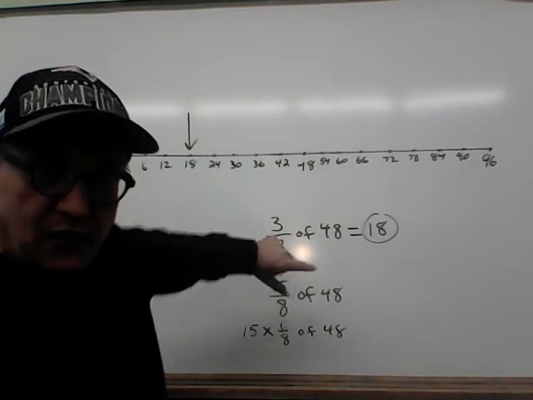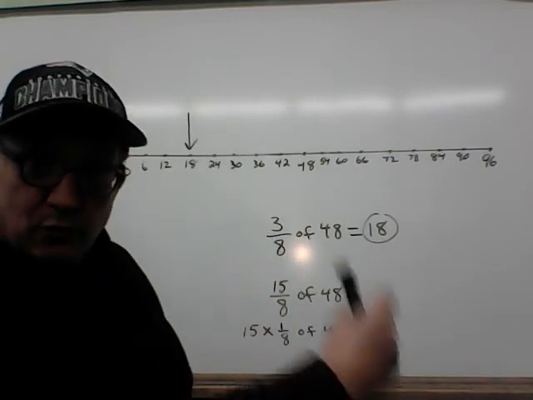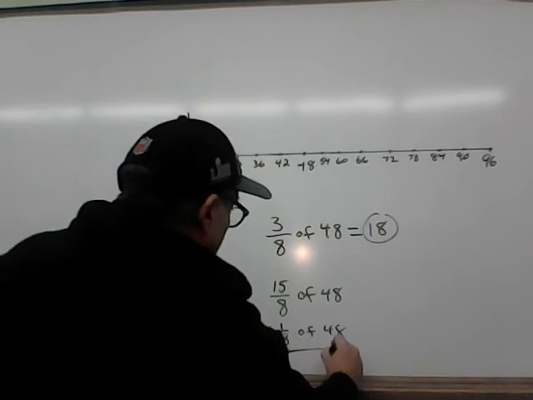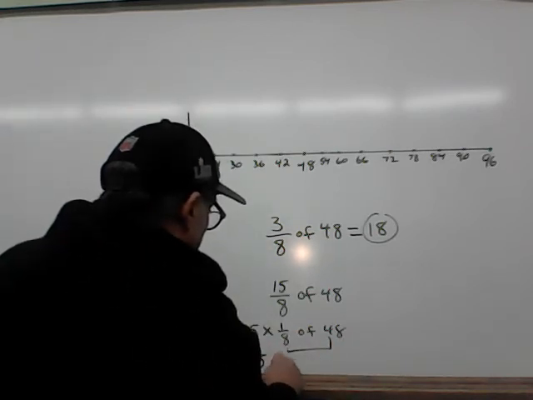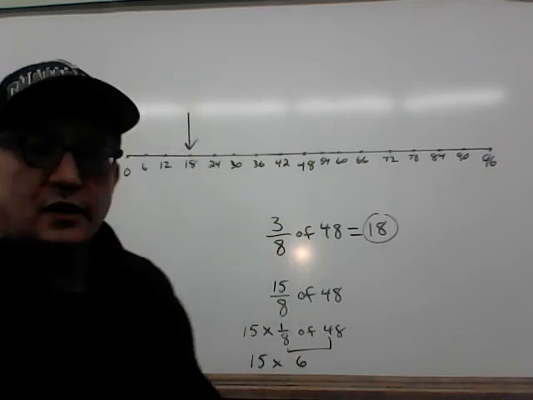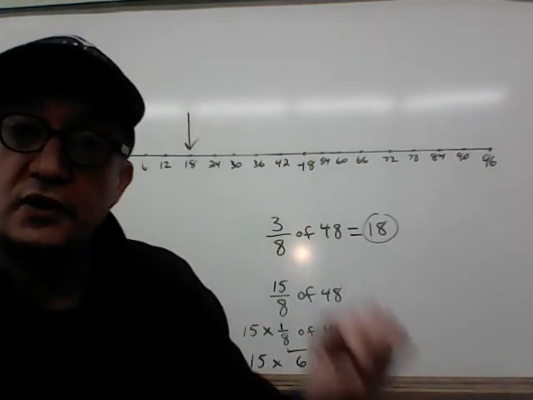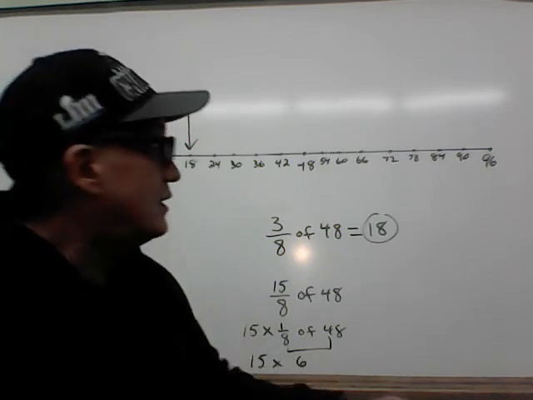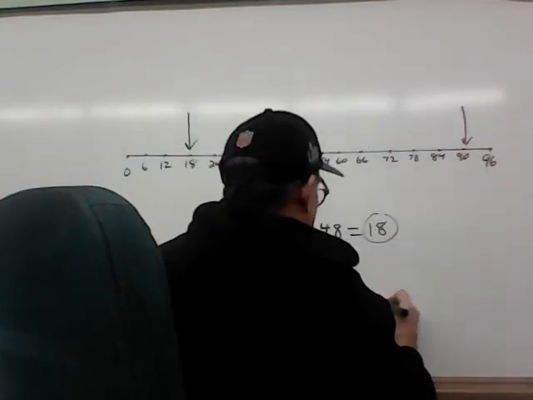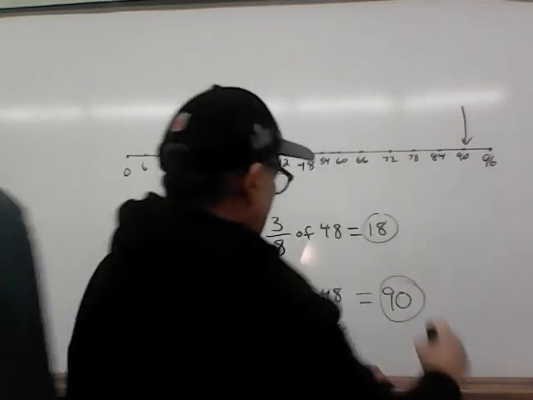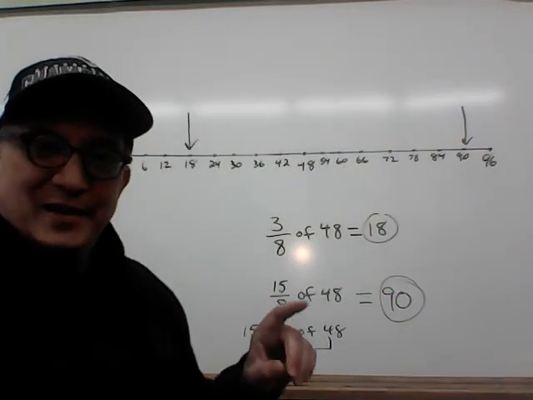Break that 15/8 down. Think of it as 15 times 1/8. And then take the 1/8 of 48, which we know is 6. So now we have 15 times 6. 15 times 6 is 60 plus 30, or 90. Right here. 15/8 of 48 is 90.